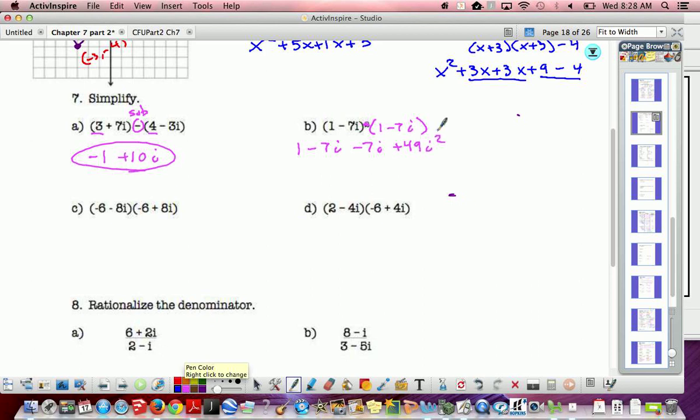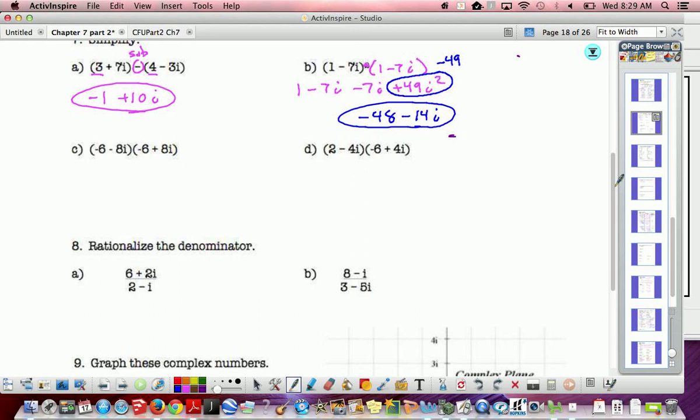So 49i squared is the same thing as negative 49. Remember that i squared is the same thing as negative 1. So now when I combine like terms, 1 minus 49 is negative 48. Negative 7 and negative 7 is minus 14i. And we are good on B.